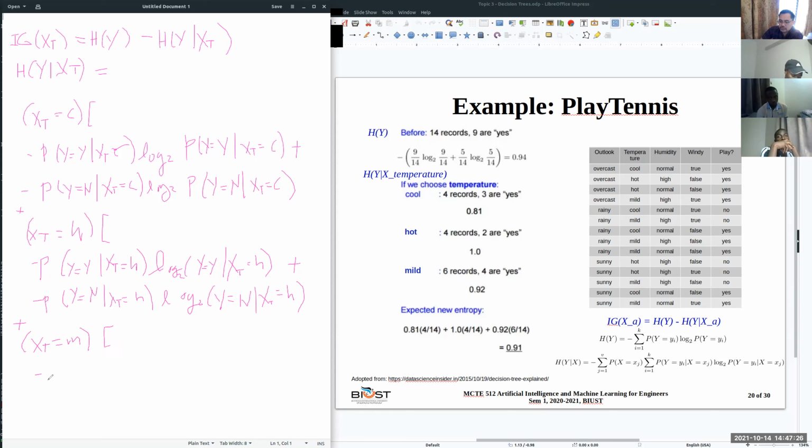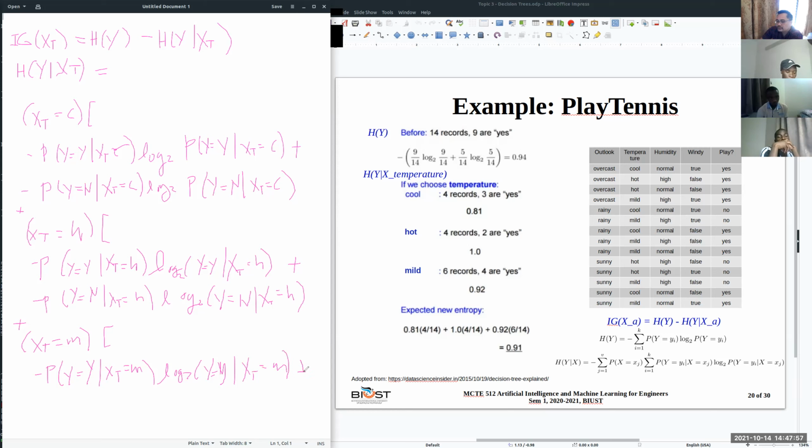Minus p again of y being yes, given xt equals mild, and log 2 of y being yes, given xt equals mild.